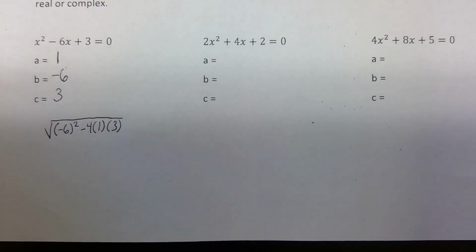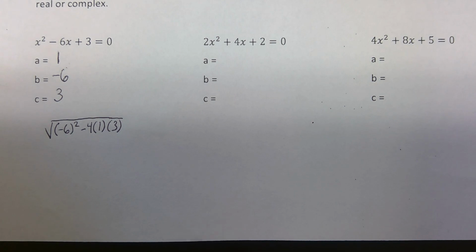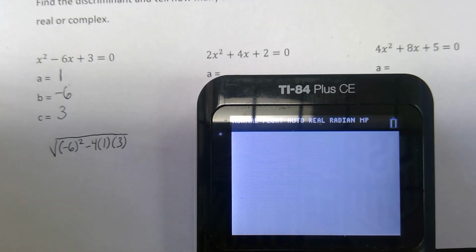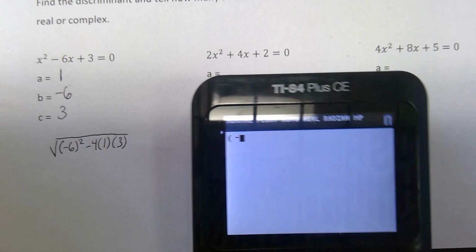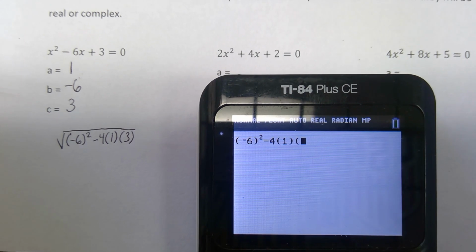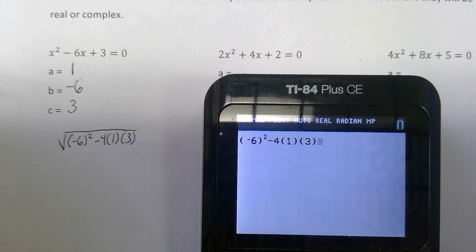Now I'm going to put that in my calculator. I'm not going to do the square root yet. Negative 6 in parentheses, squared, minus 4 times 1 times 3.